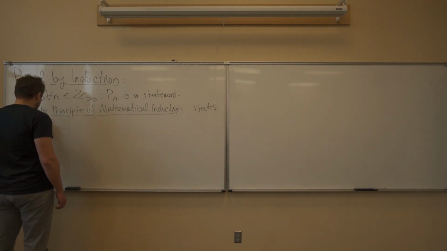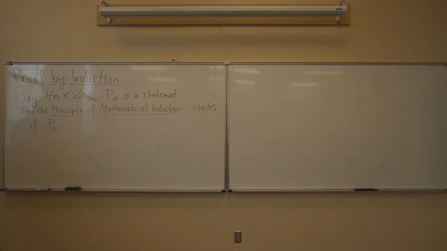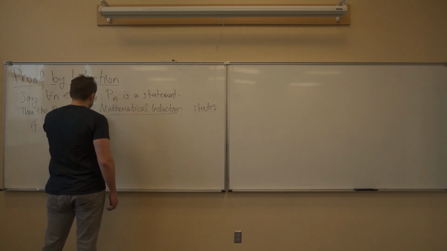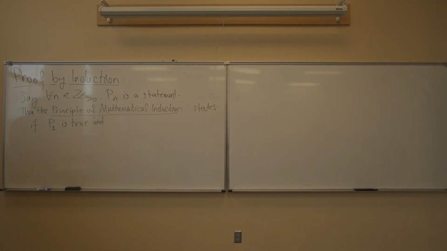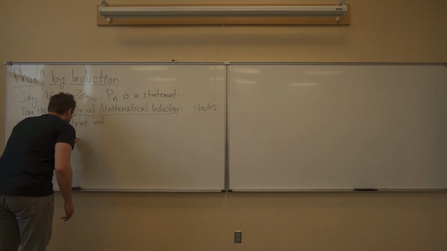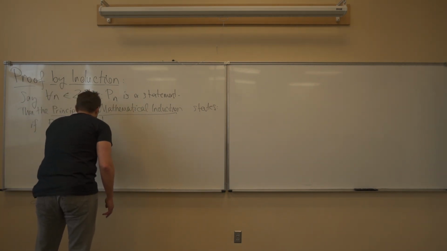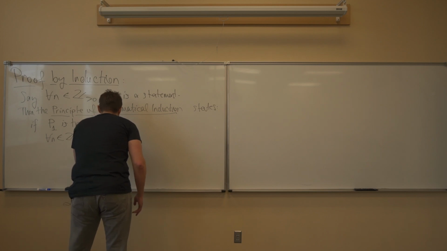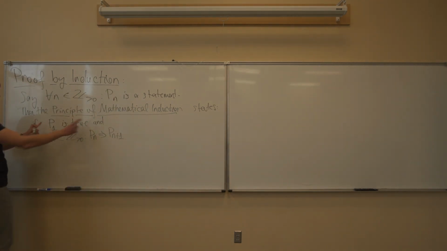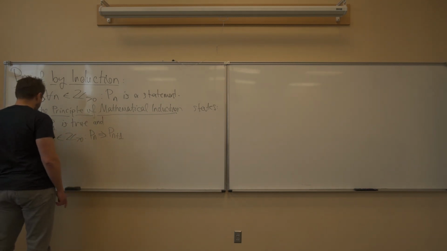If P sub 1 is true, so the first statement is true, and for each n, the truth of P sub n implies the truth of P sub n plus 1. So this is the first hypothesis, and this is the second hypothesis.